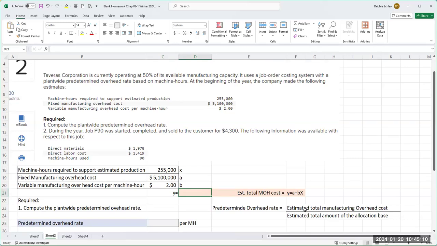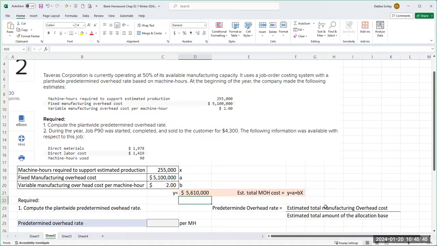So I'm going to first calculate this estimated total manufacturing overhead cost, and that is going to be equal to my fixed, which is A, plus open parentheses, my variable per allocation base, whatever hour, times the estimated machine hours, right? Because machine hours is my allocation base.